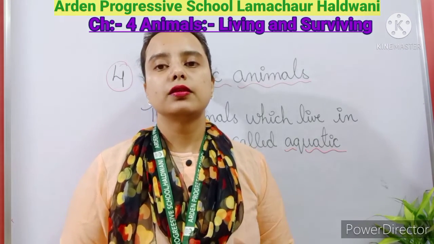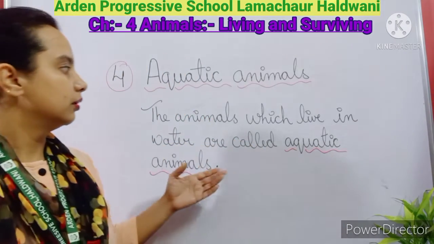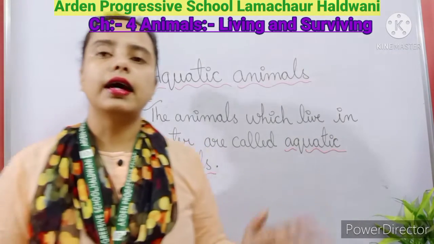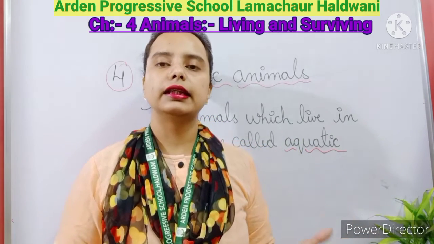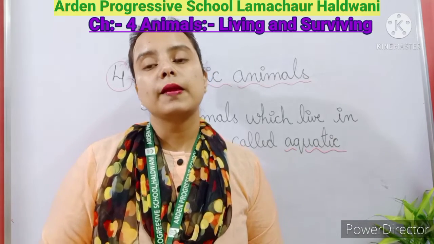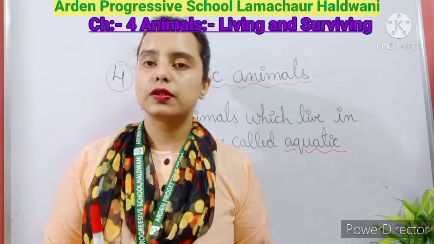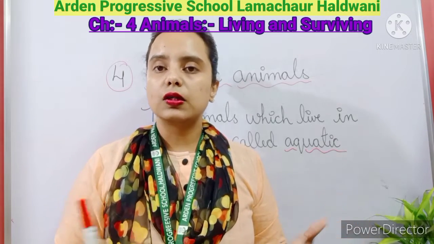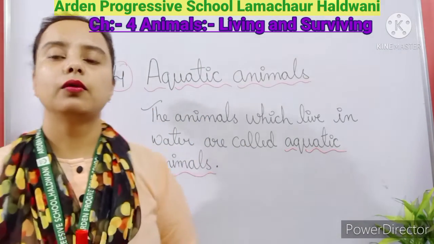So on the basis of the surroundings, means where they live, they have some specific features. They have some special features which help them to live in the water. Like fish have fins to swim, and their bodies are also shaped to help them swim inside the water.